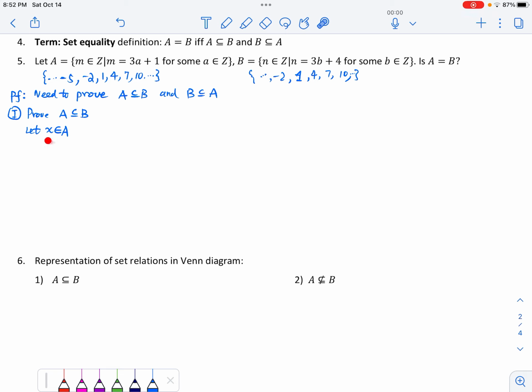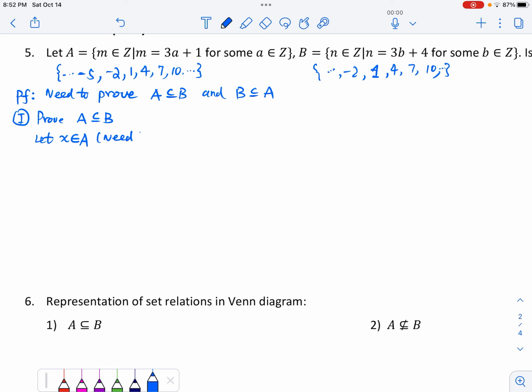It's just a random element from A. And of course, we need to show this x is in B, which, looking at the definition of B, means x is equal to 3 times some integer plus 4. That's what you need to get to.